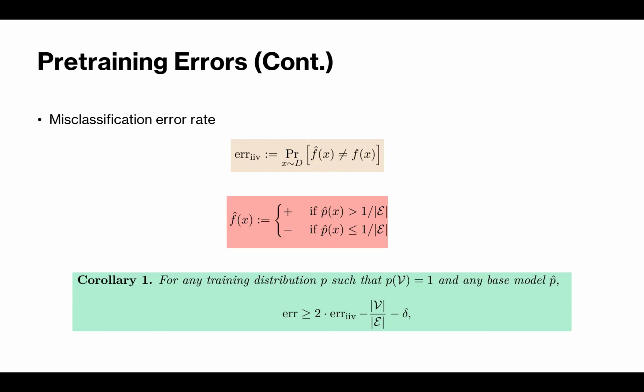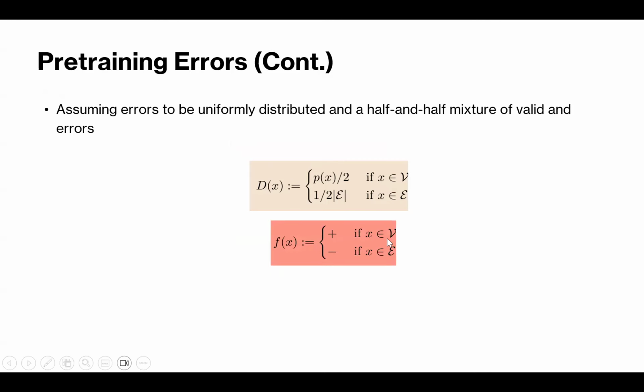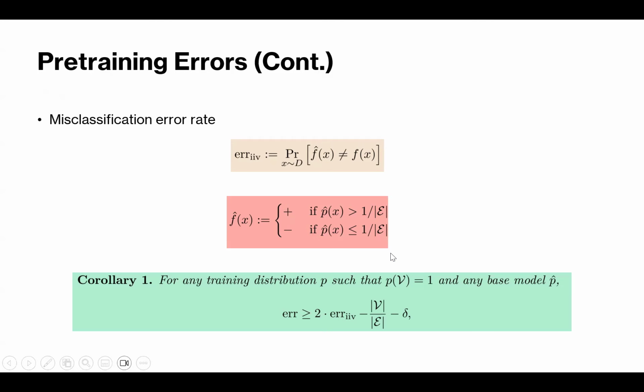So if the learned probability estimation is very sound and very close to your true probability distribution, this should always assign a positive value to an x which is drawn from a valid set, and negative to an x which is drawn from the error set, and the error will be 0.